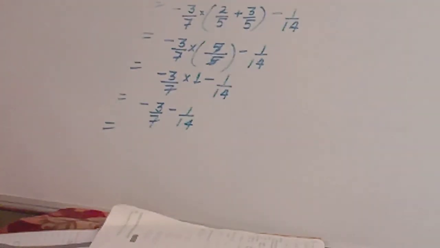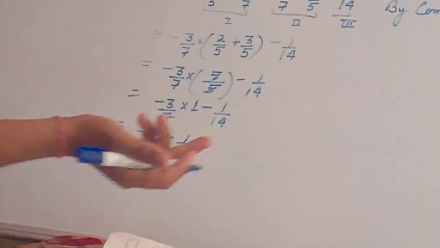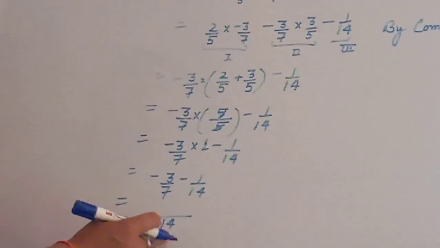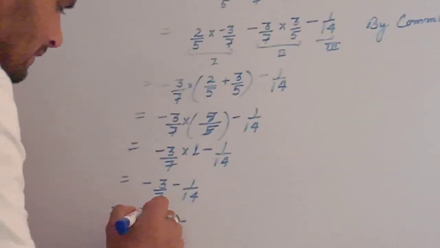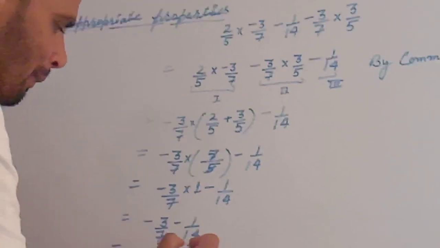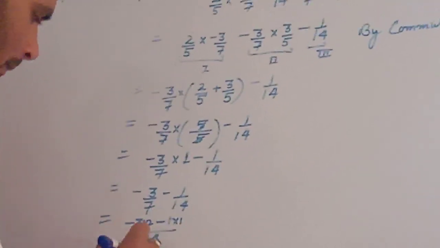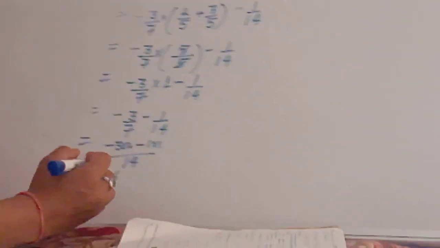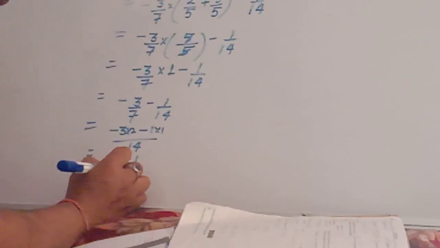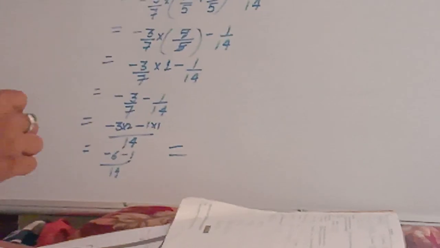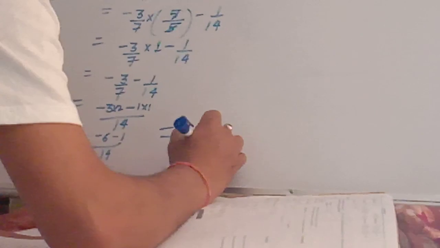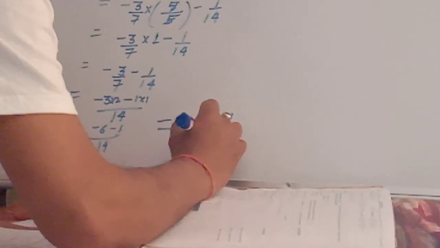Take the LCM because the denominators are not the same. For 7 and 14, the LCM is 14. 14 divided by 7 is 2 times, so 3 into 2 is 6, minus 6 upon 14, minus 1 upon 14, equals minus 7 upon 14. 7 ones are 7 and 7 twos are 14.